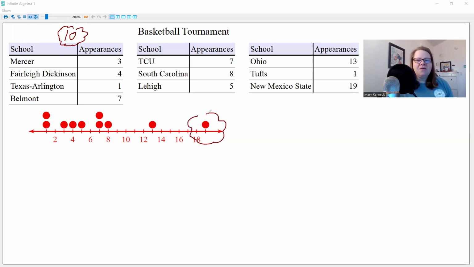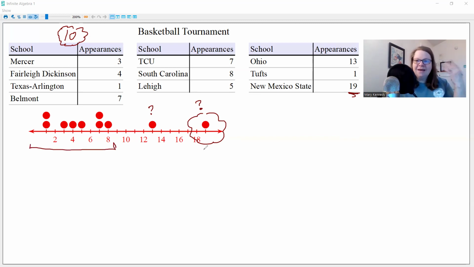This could be an outlier. So I'm going to put a question mark there to say, yeah, maybe New Mexico State appearing 19 times in this tournament could be. But even the 13 stands apart, right? It's a little bit away from the majority of the pieces of data, right?